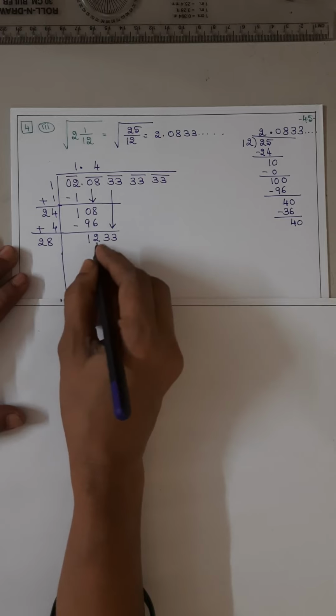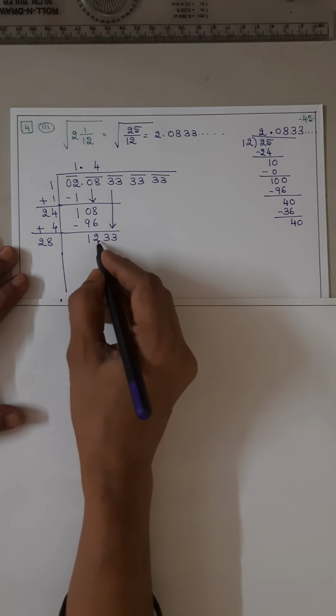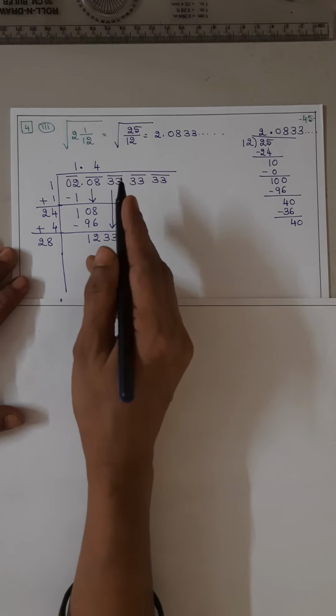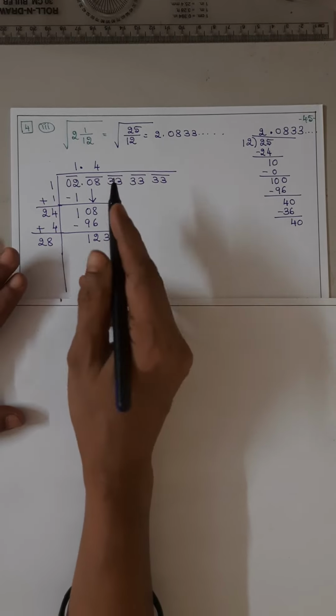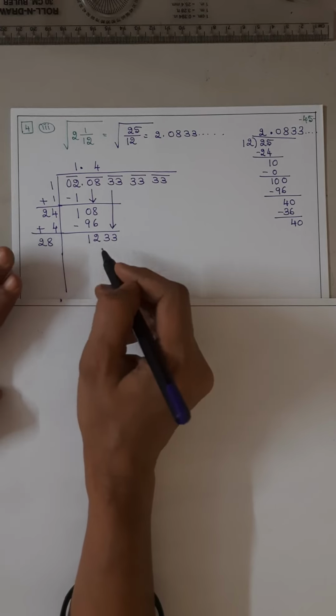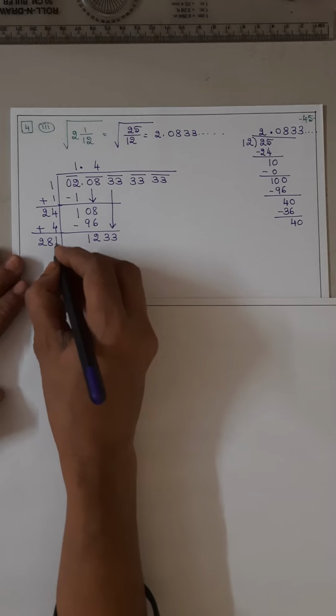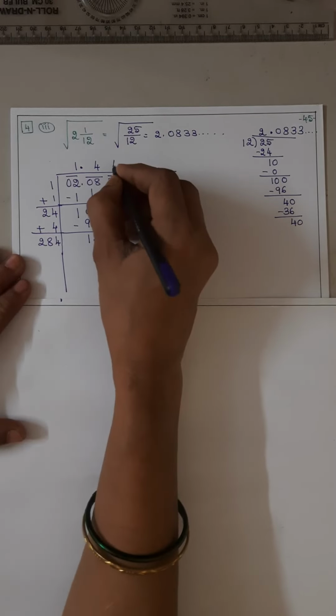Now 2 how much are 12? 2 6s are 12, but 6 is not possible. 5 is not possible. Because if we put 5, 5 5s are 25, 5 8s are 40, 42, 5 2s are 10, 14. It will be bigger. So it is 4.